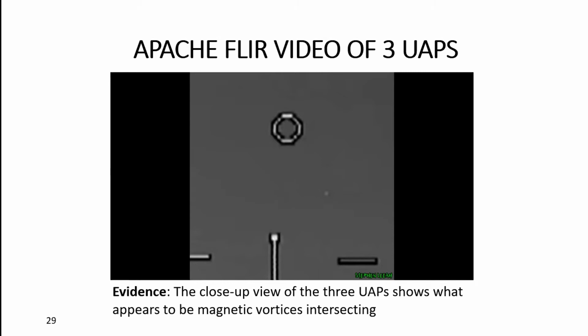As a practical matter, I don't usually consider the audio data along with the observational data, to prevent it biasing the result. So the close-up view of the 3 UAPs shows what appears to be these little vortices that are interacting.